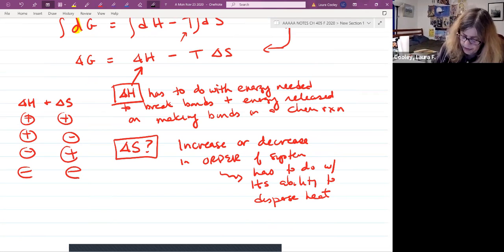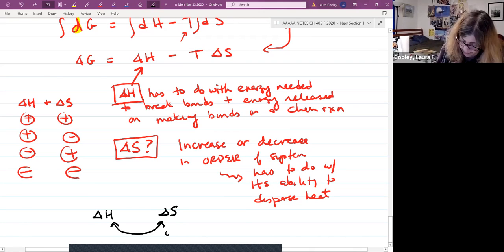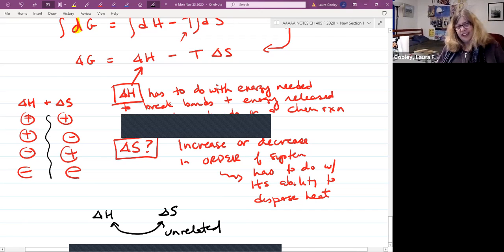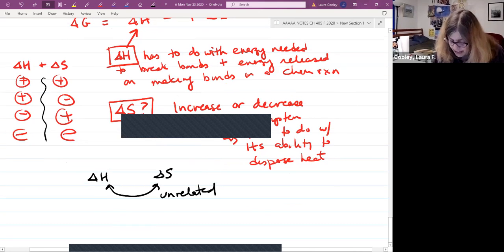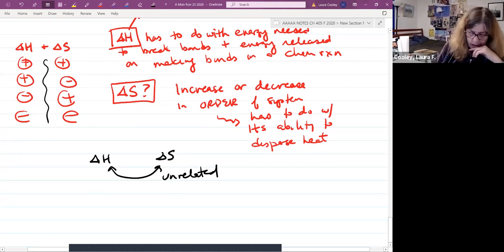Delta H and delta S are unrelated. If they were related, you wouldn't see all 4 of these. There'd be some kind of correlation, but there actually isn't.